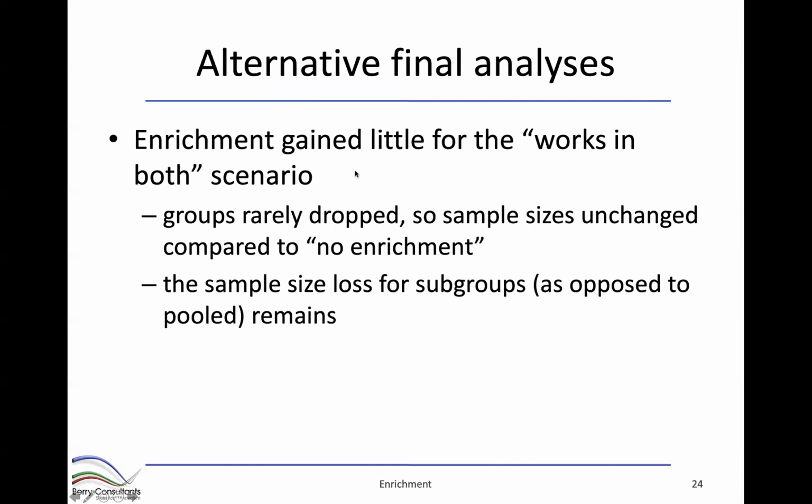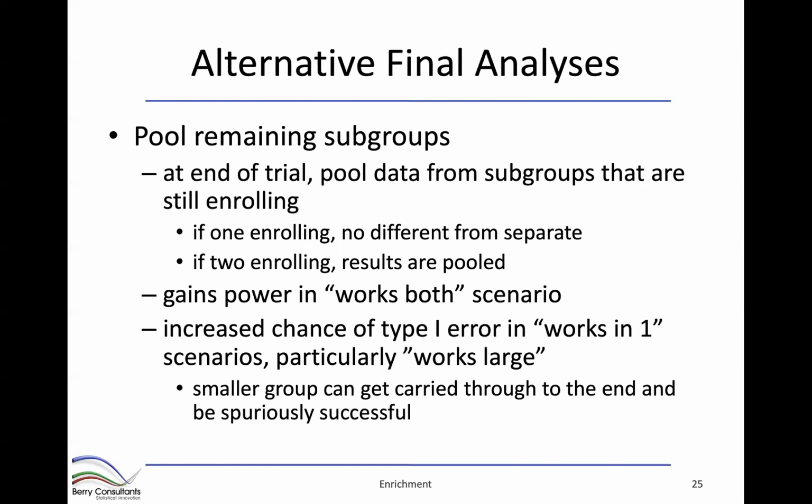So if you noticed, enrichment gained little for the works-in-both scenario. We weren't able to focus our enrollment. Usually we didn't drop any subgroups, and so that sample size loss for subgroups remains. One thing that people have proposed is, what if you pool the subgroups that are remaining at the end of the trial?